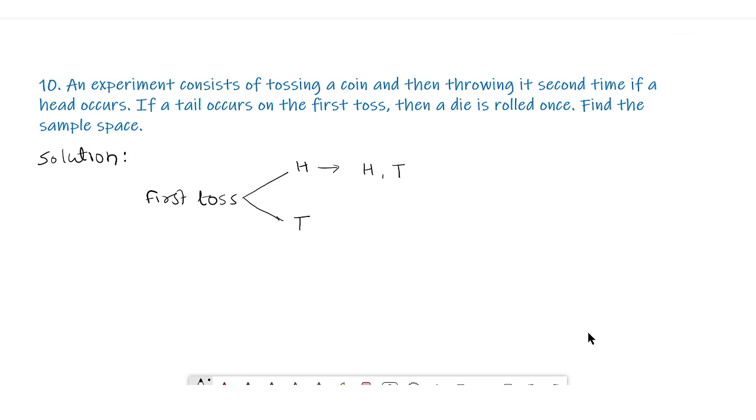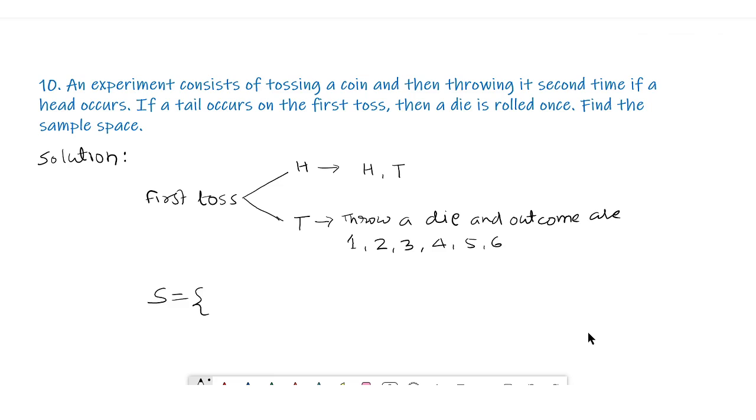And if in the first toss we get tail, then we throw a die. And when we throw a die, the outcomes are 1, 2, 3, 4, 5 or 6. So our sample space will be, when we get head, then it will be head and head or head and tail.